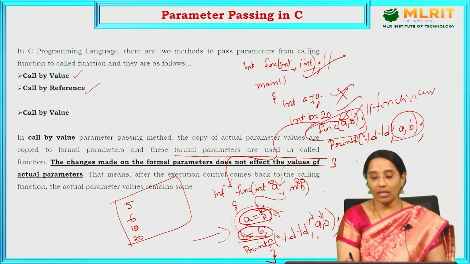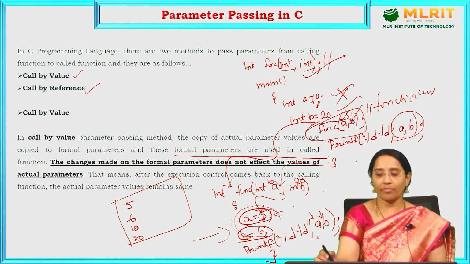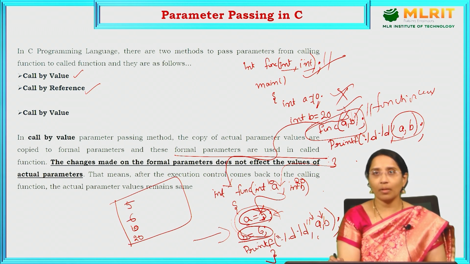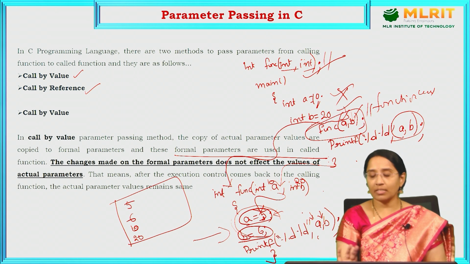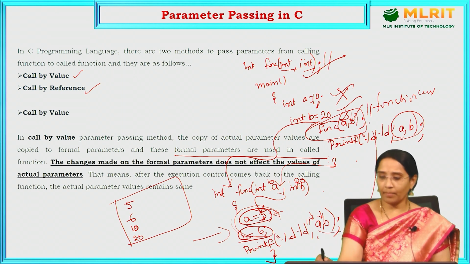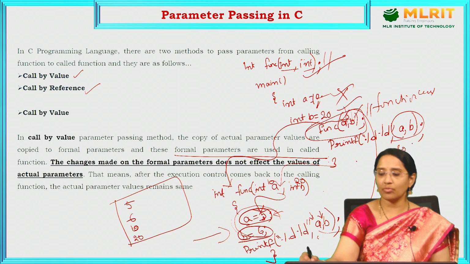Okay, so here I want to print 5 and 6, but I got only 10 and 20 as the previous answer. So whatever changes I have made were not reflected in the calling function. It will send back a and b, but the values of a and b are 10 and 20. Only those values will be printed.